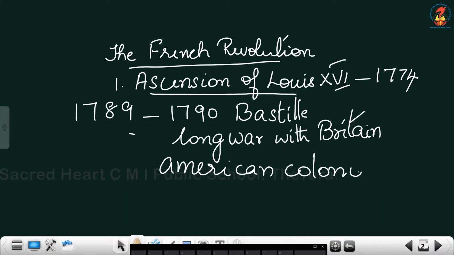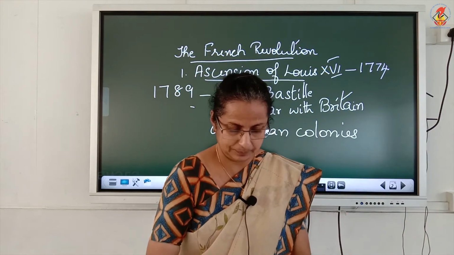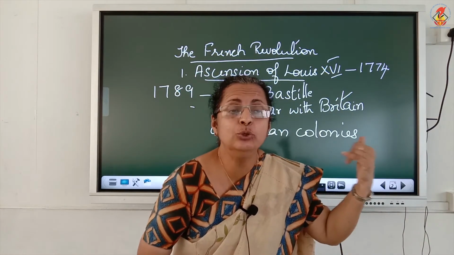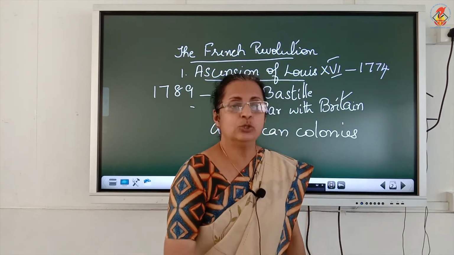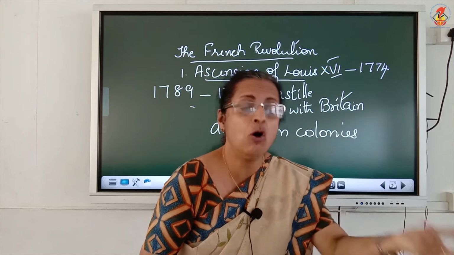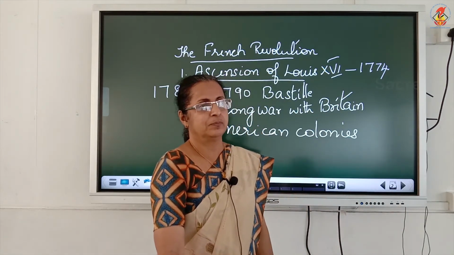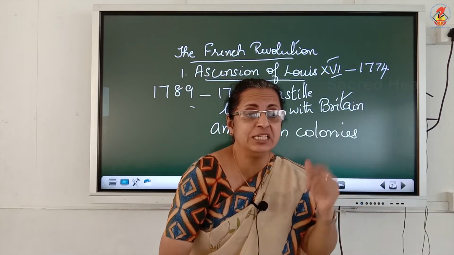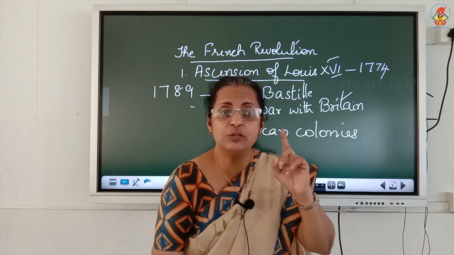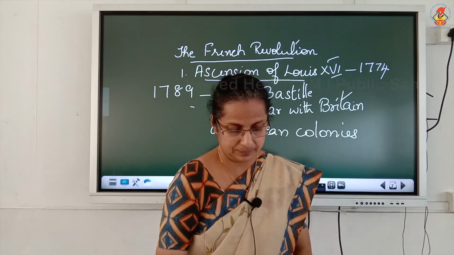So, they were spending their money to help these people to gain independence from their common enemy, Britain. This added huge amounts to the debt that was already there for the country and which was beyond their financial capacity. The huge cost of maintaining an expensive court at the Palace of Versailles was the third reason.